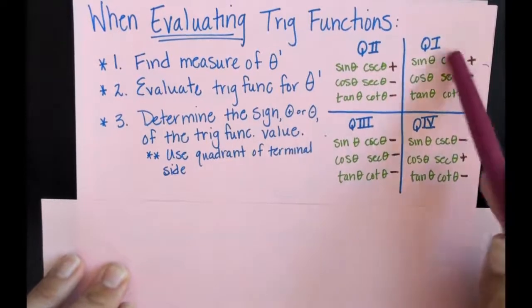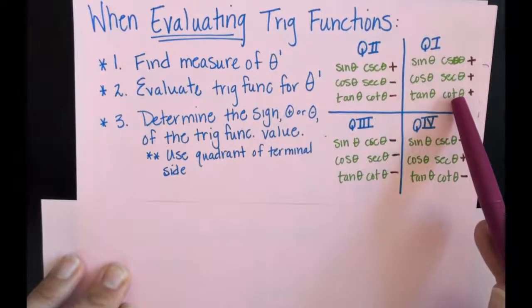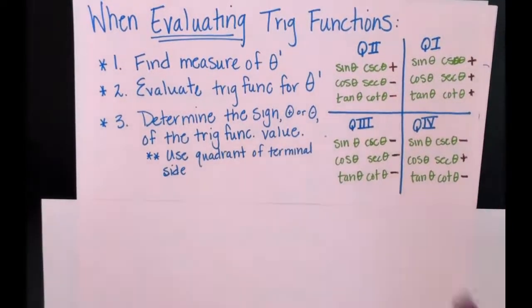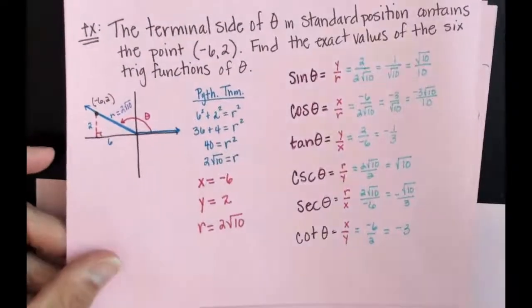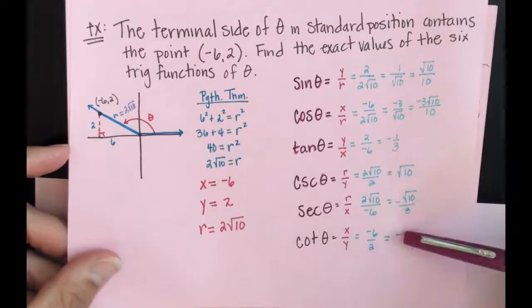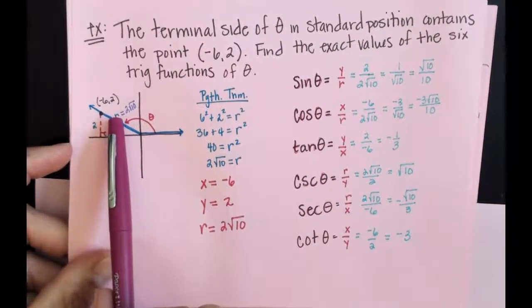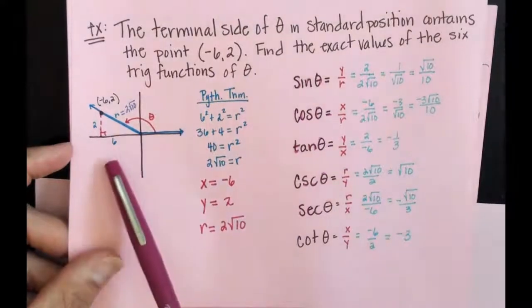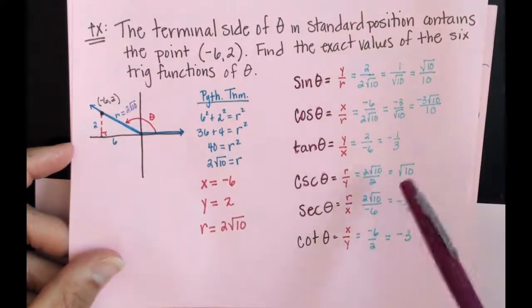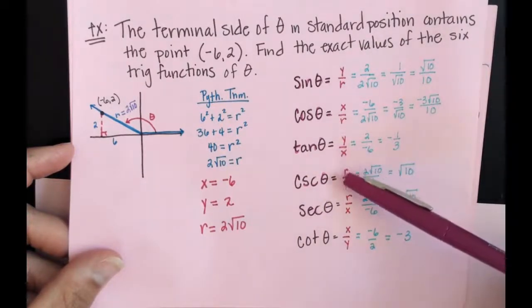Again, in the first quadrant, we know everything's going to be positive. But what we also saw in this first example is sometimes they come out to be negative because they're in different quadrants. So even if we had something that ended up down here, a negative over a negative would end up being positive depending upon how its relationship is.